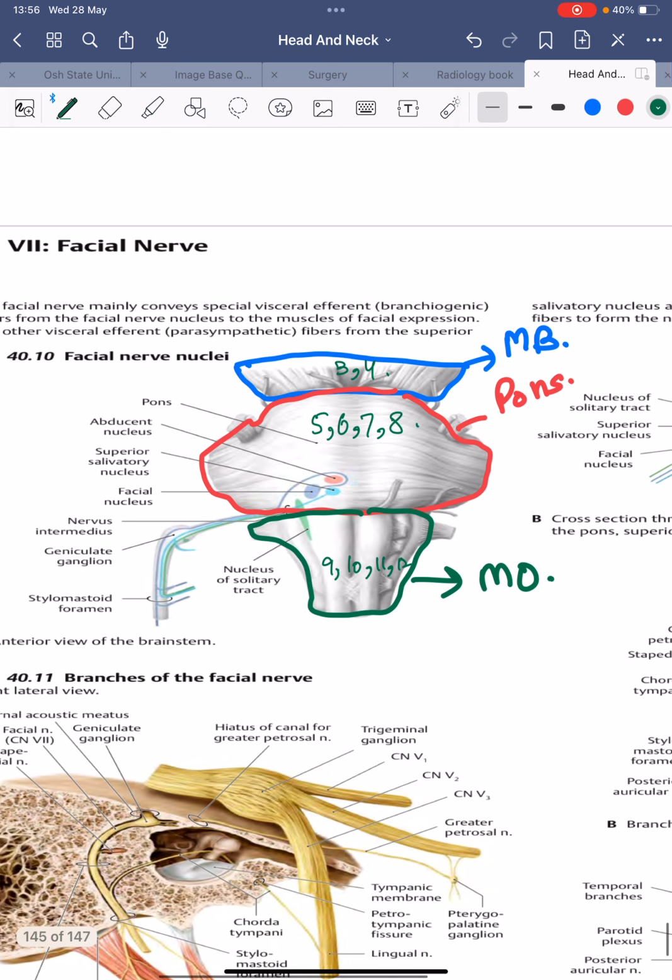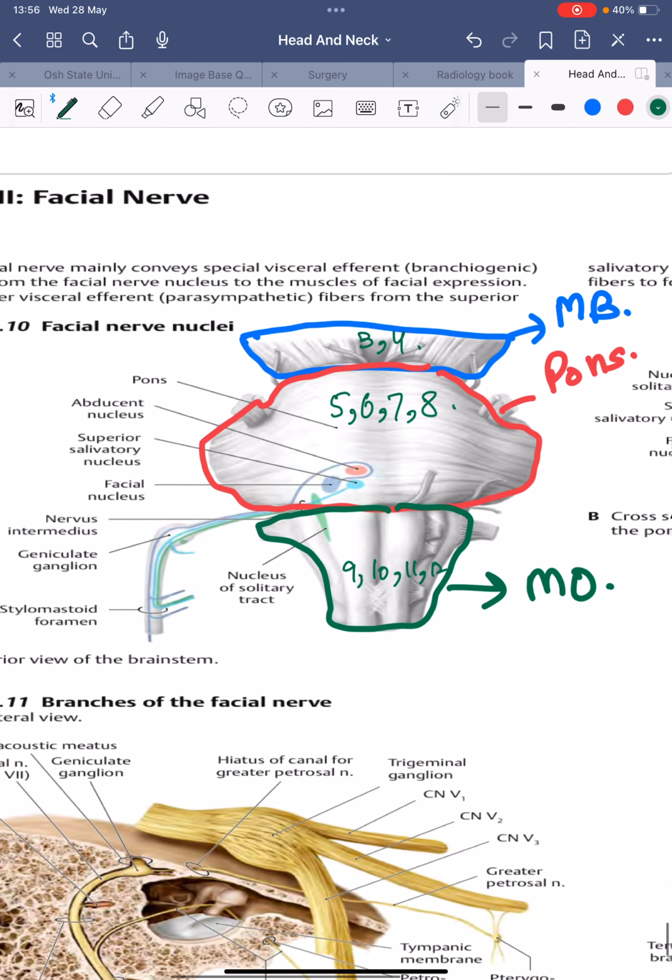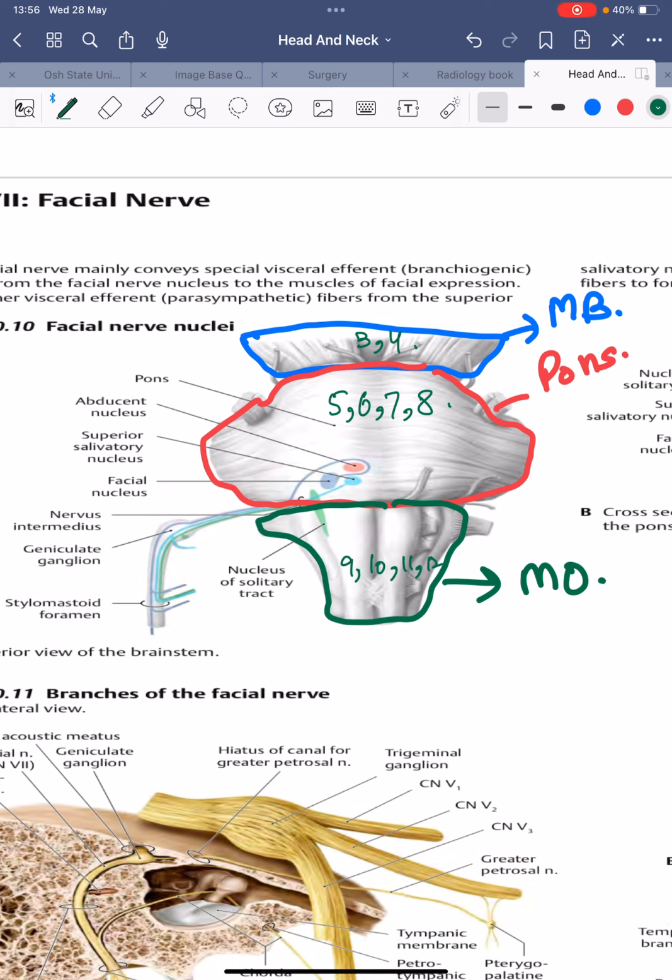Okay, now see the diagram. This is your facial nerve nuclei, which I am highlighting in dark green color. It is present in the pons, and now it is making a turn around your sixth cranial nerve and then exiting.